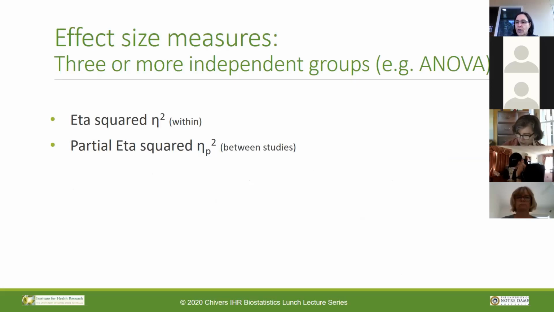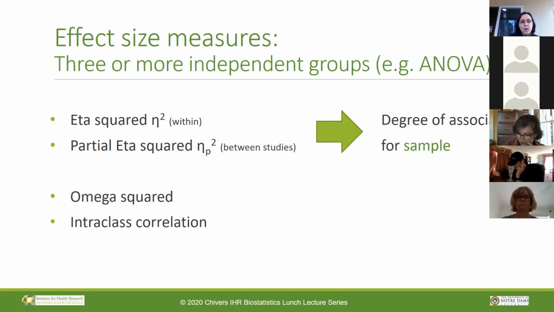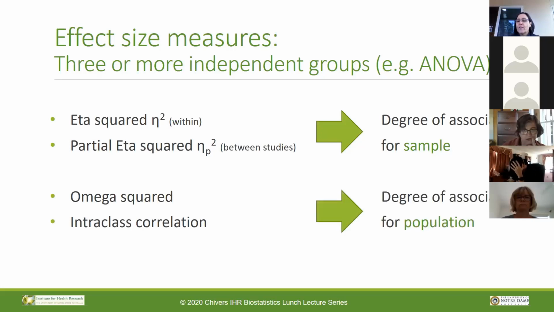You don't need to go to an online calculator to have these values presented. So the eta and partial eta squared give you a degree of association for the sample, and then we have omega squared and intra-class correlation, which is a degree of association for a population. So that's just generically speaking. But these values can all be derived through your SPSS output when you're asking it to do some calculations for you.